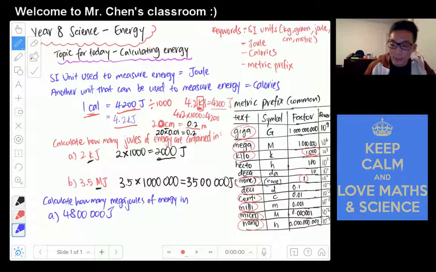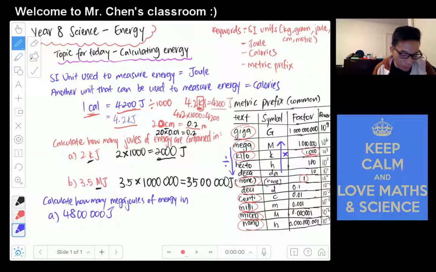Look at that, as we know, it's quite a lot of energy. So how many megajoules? You have to refer back to mega again. Mega is 1 with 6 zeros. So to go the other way, remember to go from bottom to top, okay, you have to divide. If it is from top going down, you multiply.